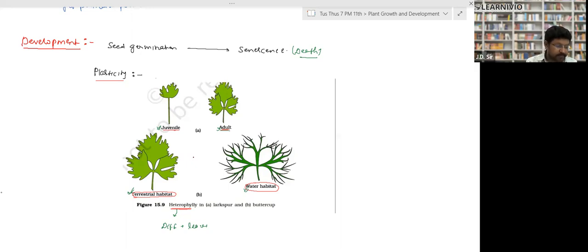Plasticity is the ability to change under the influence of internal or external stimuli. This ability to change under the influence of internal or external stimuli is called plasticity.